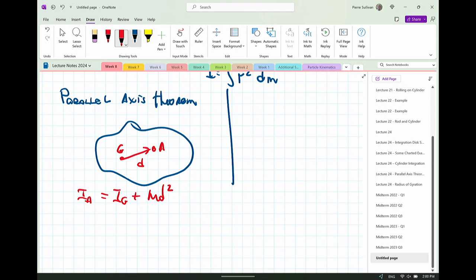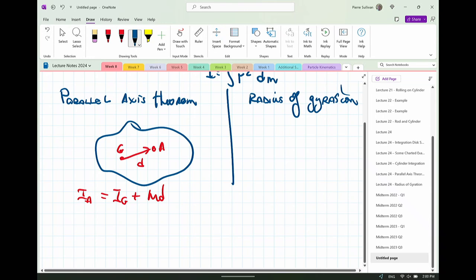The other thing that you need to know is the radius of gyration. So you will see, if you've already looked ahead at the final exams, we will give you certain things.